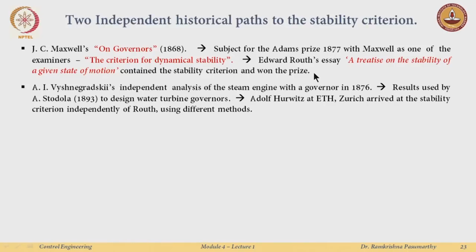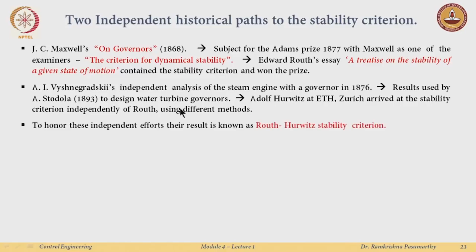Okay. So, parallelly and not surprisingly, from Russia, there were also people working in similar areas, right. And then the results, again of a steam engine with a governor, were used by some to design water turbine governors. And then Stodola with his collaborator at ETH in Switzerland independently also arrived at the stability criterion, and these two actually evolved independently, right, using different methods.